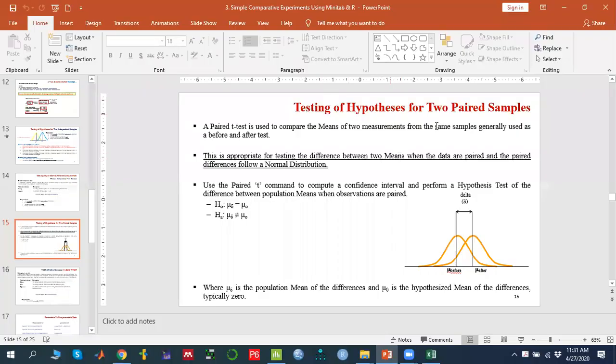Okay, now we are moving towards the next test, that is the paired t test, right? So what was the difference between the two sample independent t test and the paired t test? Normally you can say in a paired t test, we are assuming that there are some dependencies, whereas in the two sample test, the samples are independent. So dependency means, for example, we take the example of maintenance.